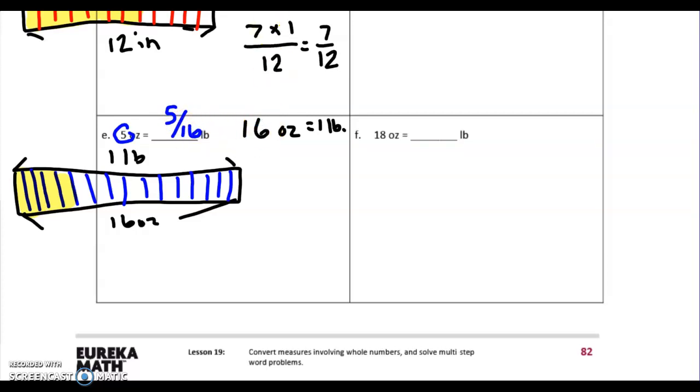If I did this in number form, and you can even pause the video and try it, I would have now 5 times 1 ounce. I'm going to then take my ounce and say, well, in relationship to my pounds, I only have 1 out of the 16 that I would have to make a pound.